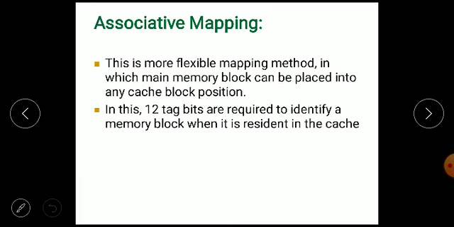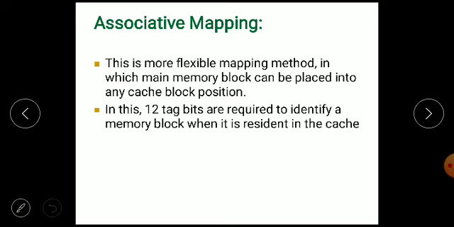Next we are going to see associative mapping, or fully associative mapping, right? The earlier direct mapping is the simplest way, but it is not a flexible way. Associative mapping is a more flexible mapping method.